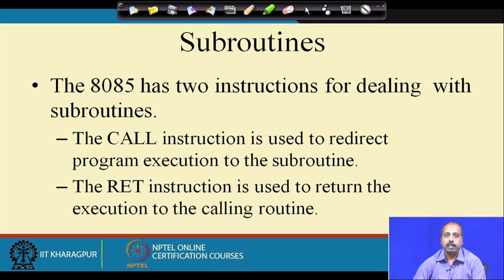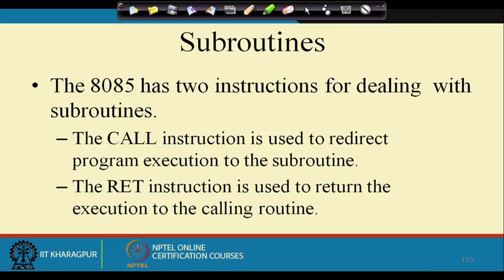And the return instruction is used for returning from the subroutine. When the subroutine ends, it will end with a return instruction, or RET. On getting this RET instruction, the processor will pop out from the stack the two topmost entries, and put those values into PC low and PC high, those two registers. So, PC will now have the return address.